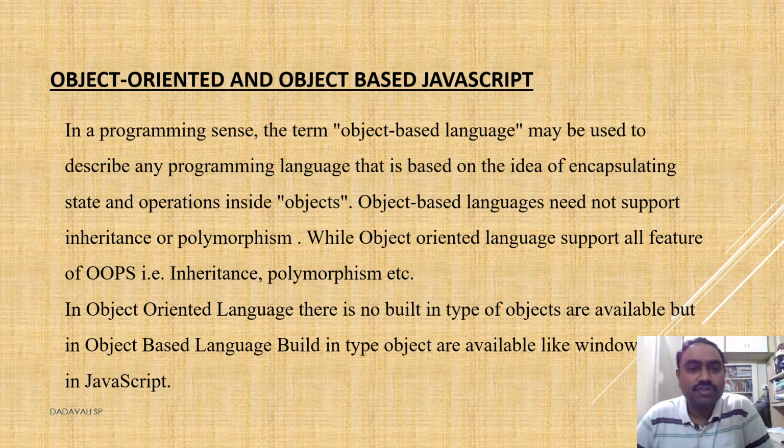Means JavaScript does not support inheritance and polymorphism, while an object-oriented language like Java supports all the features of OOPS, therefore inheritance, polymorphism, class, objects, and many more. But in an object-oriented language, there are no built-in type objects available. But in an object-based language, built-in type objects are available, like window, documents, button, so many more objects available in JavaScript.